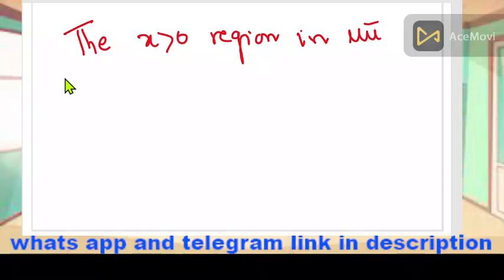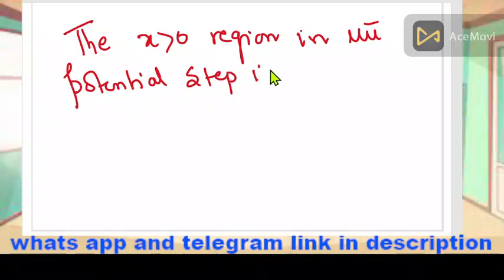In the case of the potential step, the x greater than 0 region is classically forbidden. Classically there cannot be any particle in this region.